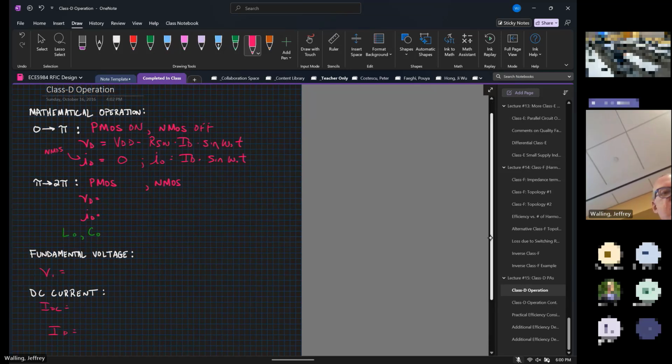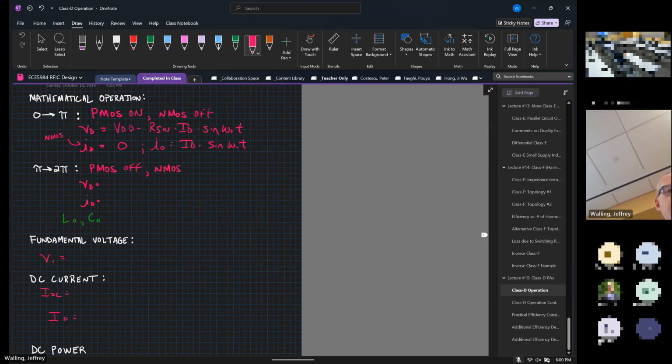During that second half of the cycle, the PMOS turns off, the NMOS turns on. Our drain voltage is now 0 plus our switch resistance times ID times sine of omega naught t. ID is now equal to ID times sine of omega naught t, and I out is just the opposite phase of that. Okay.